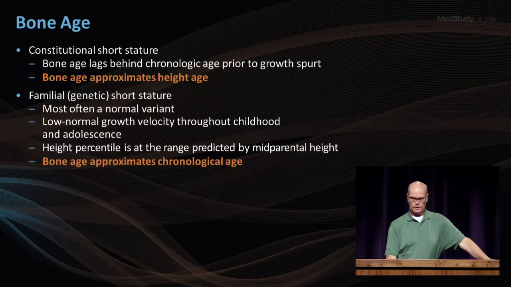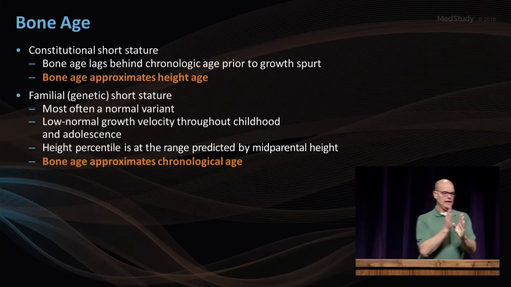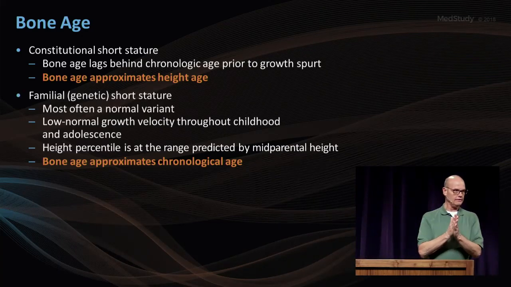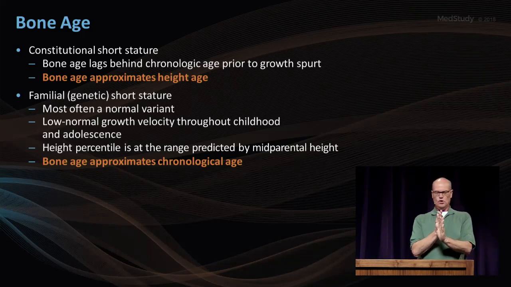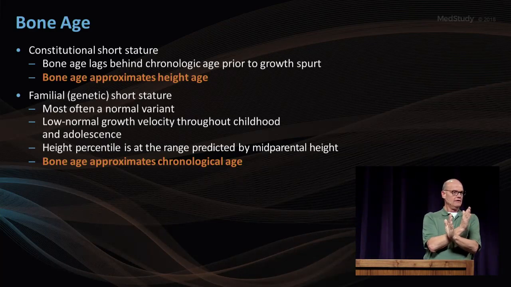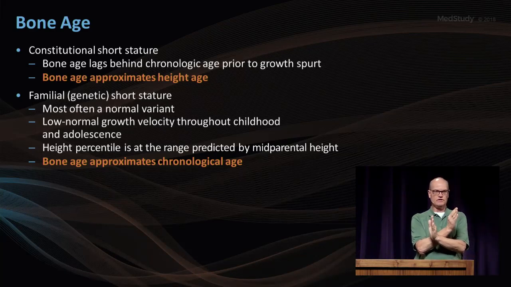So for example, if we go to a growth chart, and on that growth chart, an individual who is 10 years old has a bone age, for example, of 8, that bone age is likely going to equal that child's height age, which again is the age at which the current height is the 50th percentile.